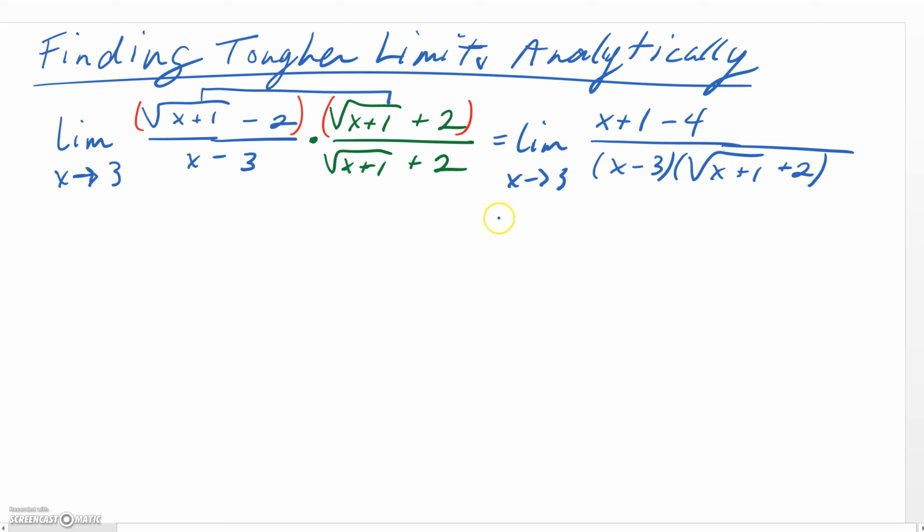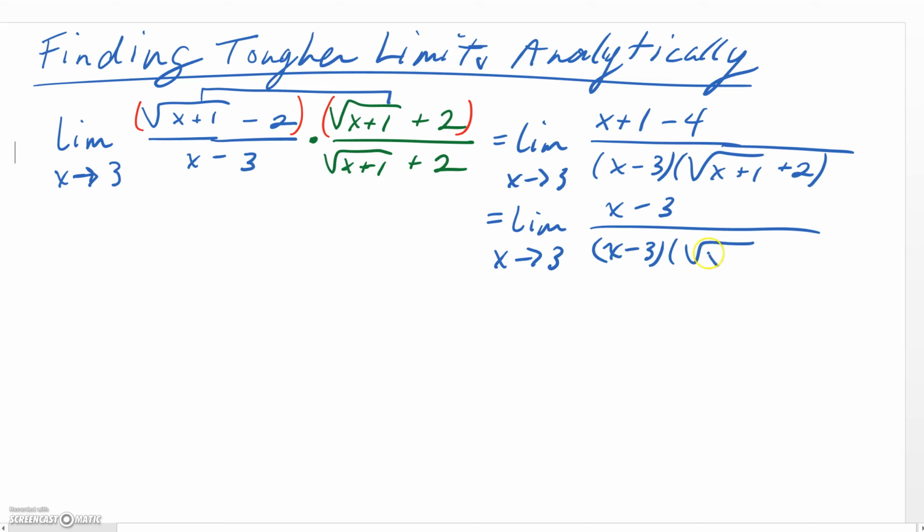So at this point, we're going to simplify the numerator to start. We've got the limit as x goes to 3 of x minus 3. Notice that's the same factor as in the denominator. And the denominator again is x minus 3 times the square root of x plus 1 in parentheses plus 2, like that.